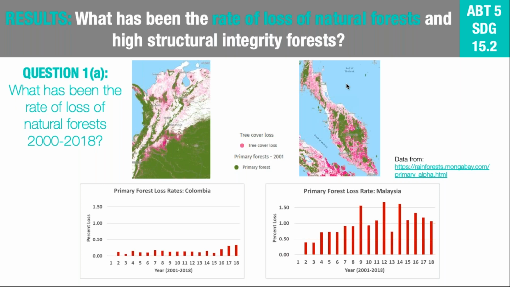But it's easily replicated with tools like ArcMap or Google Earth Engine. And by looking at the bar graphs, you can see the rates of change over that time period, which hopefully is very informative for getting at trends in change that can then inform conservation planning.